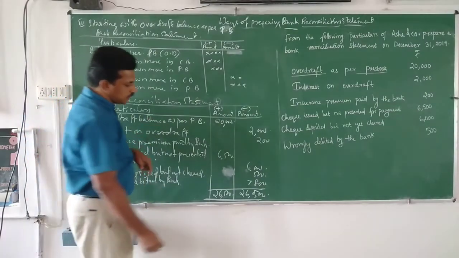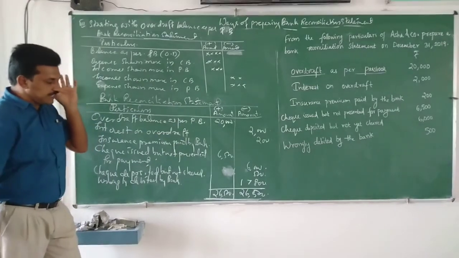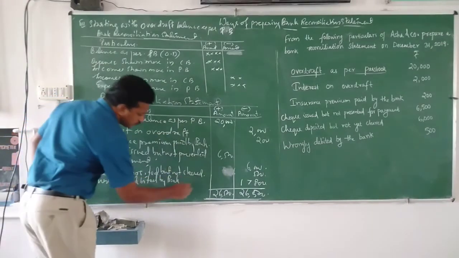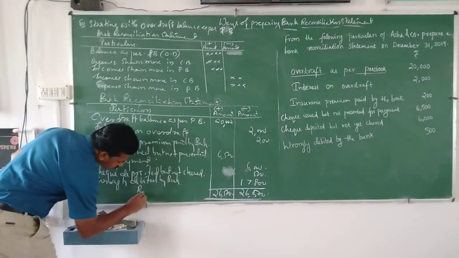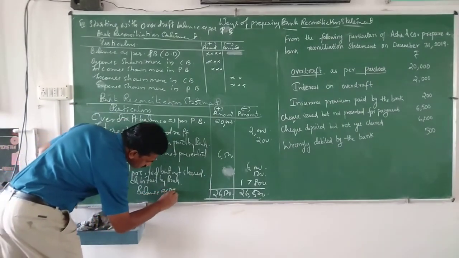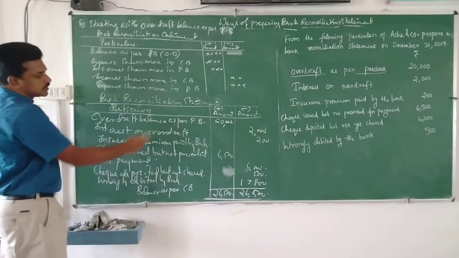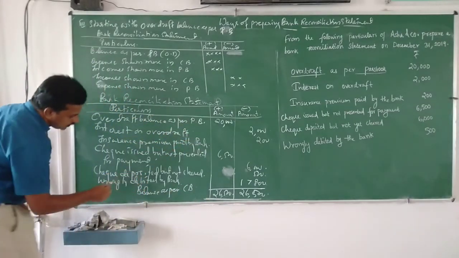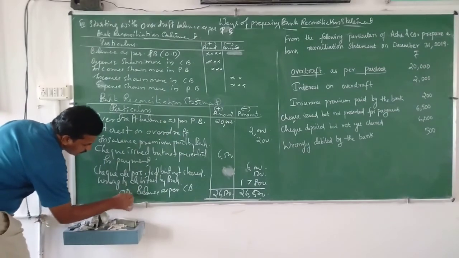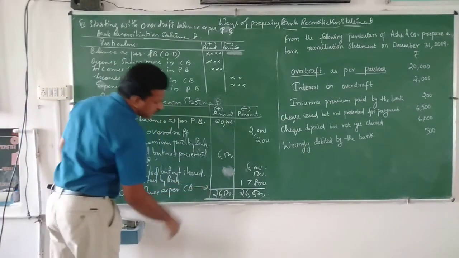Then balance 1. 1 plus 1, 2. So 17,800. What is that? That is the balance as per cash book. Balance as per cash book in the credit side will be overdraft balance. Overdraft balance as per cash book. That is the balance we have got.